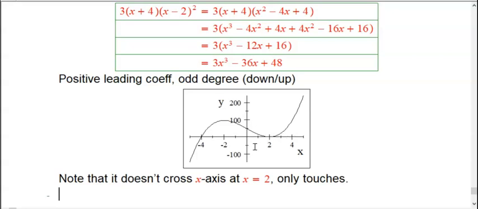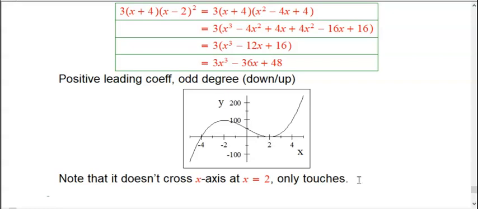Whereas over here, the x plus 4 factor is not going to change at all. X plus 4 is going from 5 to 6 to 7. That's not changing sign. That's just positive. And the x minus 2 squared factor doesn't change either, because it can never change. What it does is it just touches and rebounds.